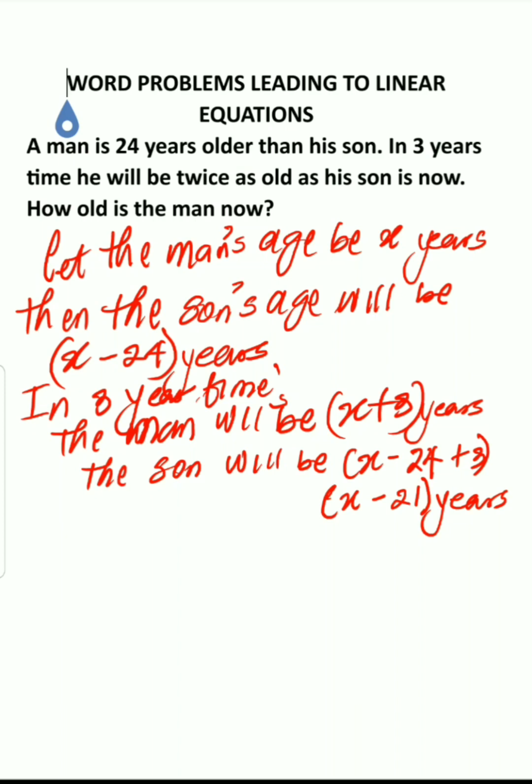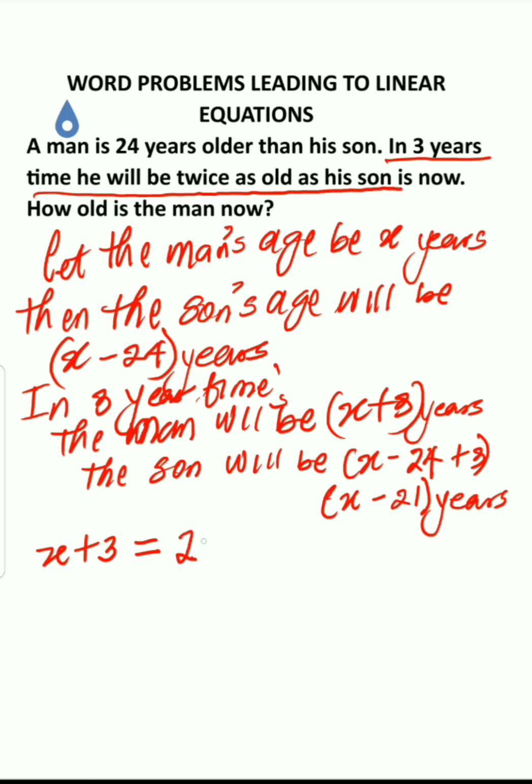And so in 3 years' time, he will be twice as old as his son. That means the man's age in 3 years' time, X plus 3, will be equal to twice as old as the son.